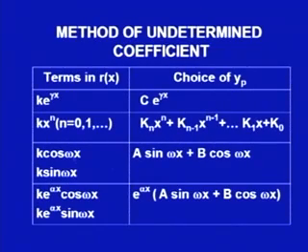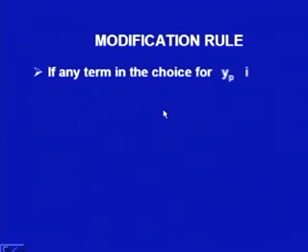This method of undetermined coefficients says, now we have on the right hand side 30 times e to the power minus x. That means, I have to choose a times e to the power minus x, but already we have seen that e to the power minus x is a solution of the homogeneous equation. So, we have to use the modification rule.